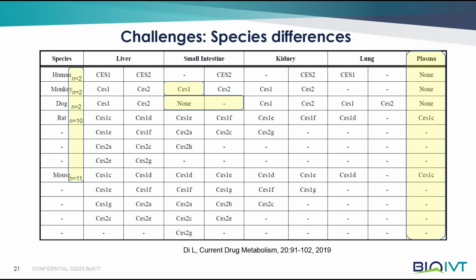But the main difference is the KDEL receptor sequence that I alluded to earlier is different for carboxylesterase 1 isoforms. So they are actually secreted into the plasma. And so what that means is extrapolating metabolism of carboxylesterase 1 substrates from rodents to humans is actually quite difficult.